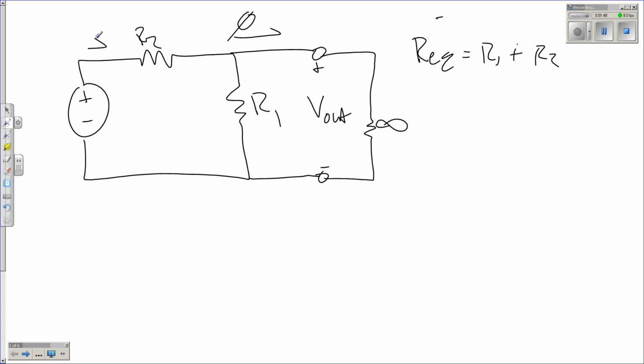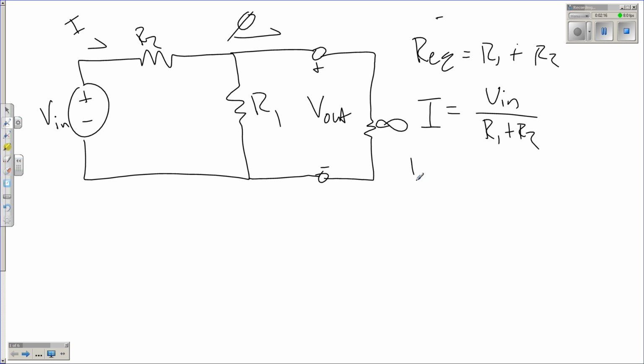Well, we can figure that out too. We'll call our current I, input voltage V naught. Let's differentiate that. It's called V in. We won't get it confused with V out. So then I have I equal to V in over my equivalent resistance, R1 plus R2.